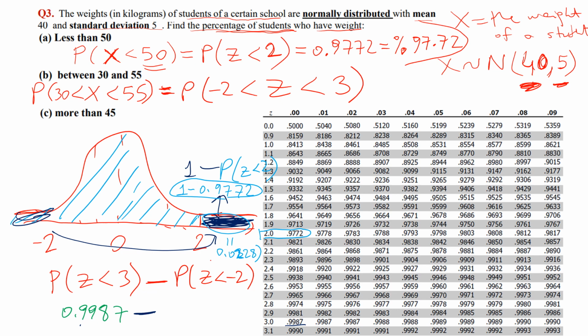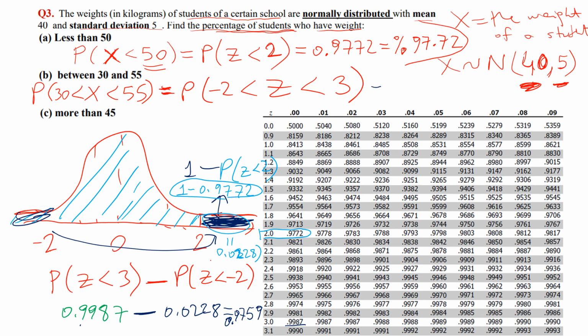Now I will write it here. It's minus 0.0228. And when you subtract this one, it will be 0.9759.